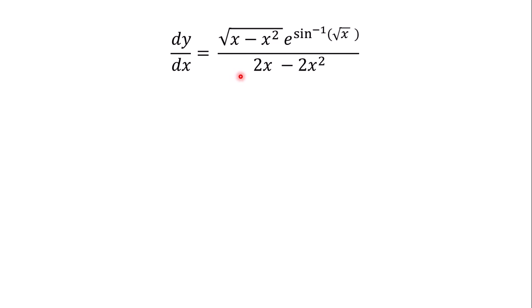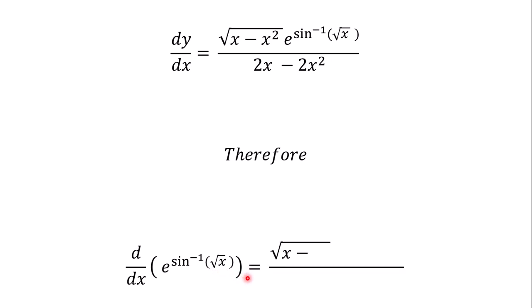Okay, so let's end it. Therefore, the derivative of e raised to the power sine inverse of square root of x is equal to square root of x minus x squared e raised to the power sine inverse of square root of x divided by 2x minus 2x squared.